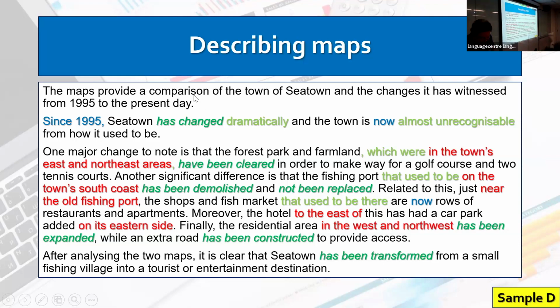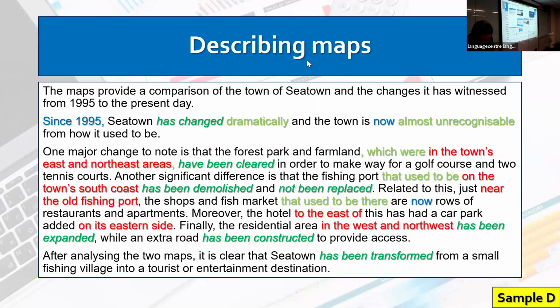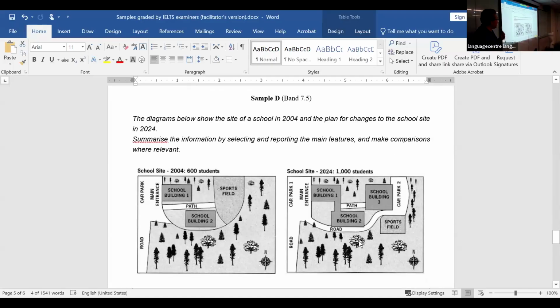Okay, again, let me show you one more sample. You have sample D, which is related to a comparison of two maps, right? This time it is a comparison of the development of a school in 2004 and in 2024.